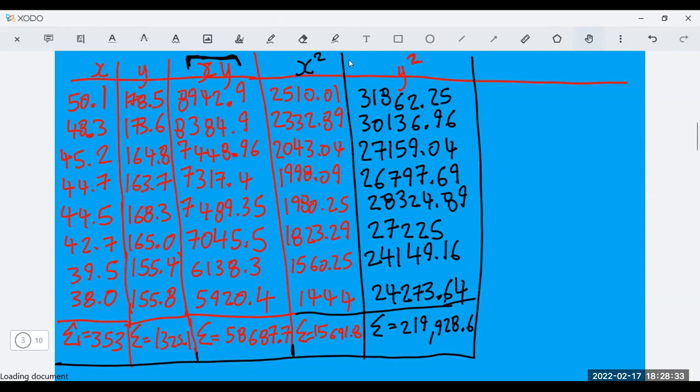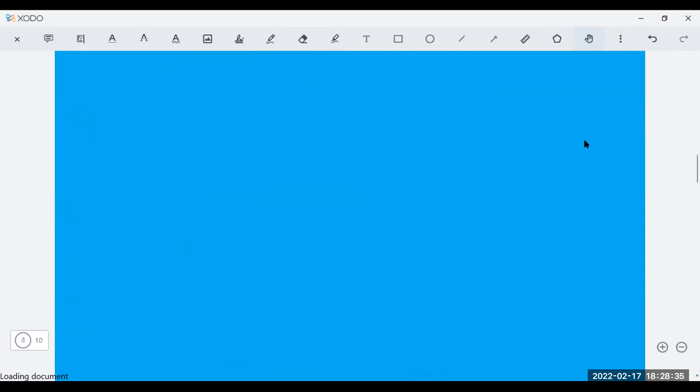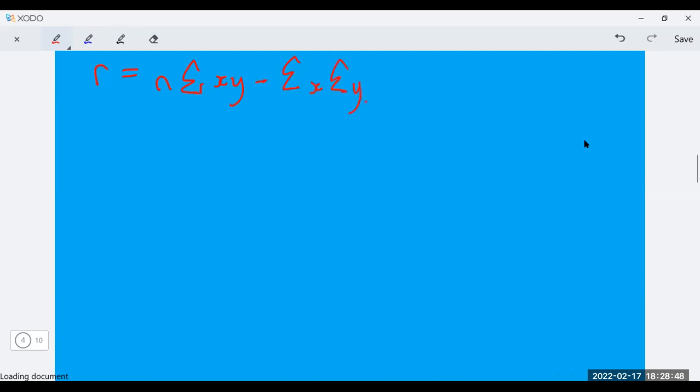So now we can write down our formula. Of course, we know R is equal to n times the sum of xy minus the sum of x times the sum of y, over the square root of n times the sum of x squared minus the sum of x all squared.